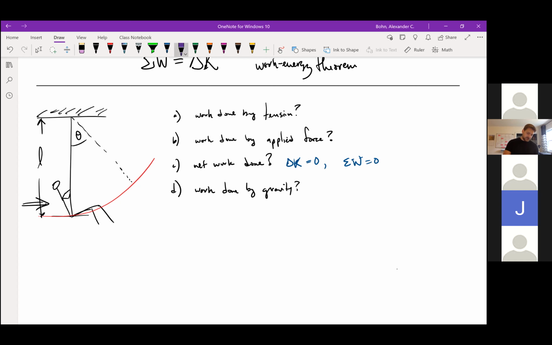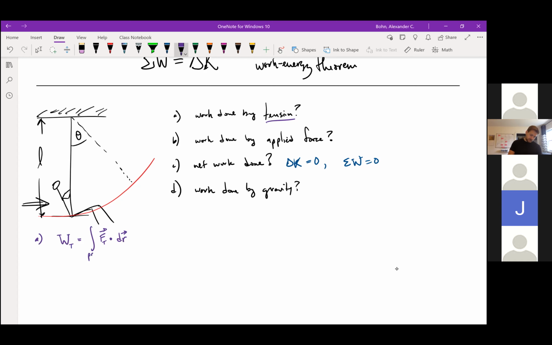Let's talk about tension. The work done by the force of tension is calculated according to our definition. The force of tension dot dr integrated.